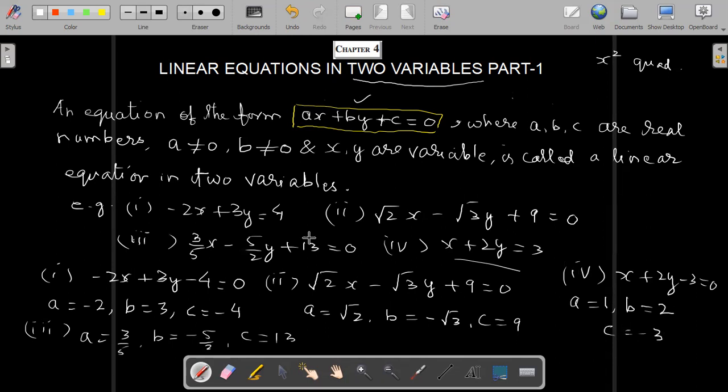So this is how to write the linear equation and how to write the coefficients of x and y. Now, the second thing: solution of a linear equation. As you know, solutions are the values of x and y which satisfy the equation; those are called the solutions of the equation. The same thing applies here also.